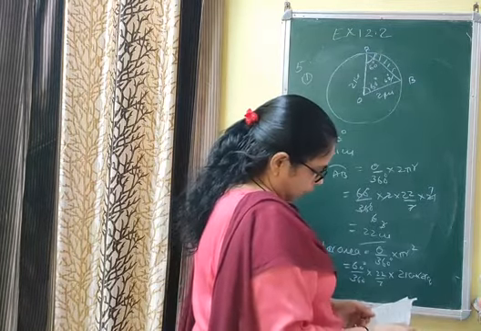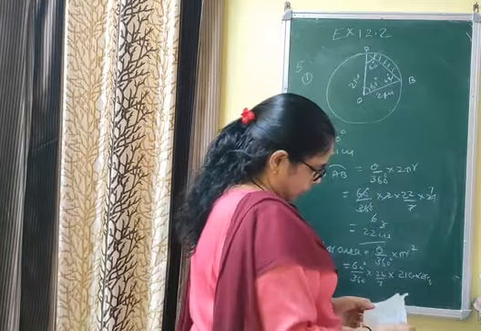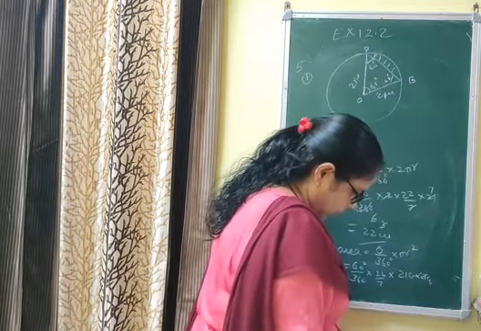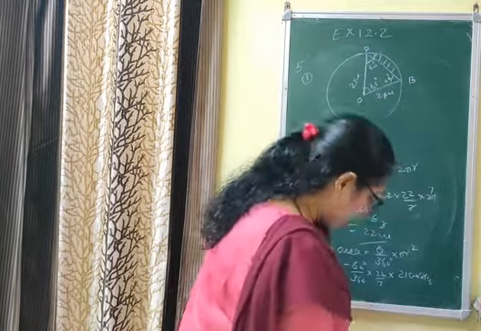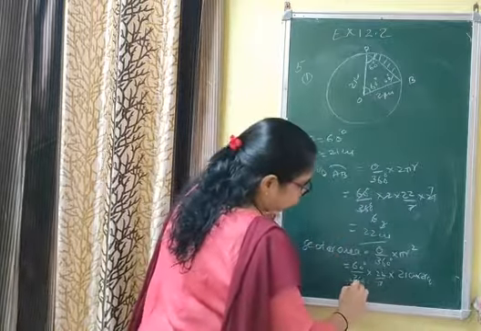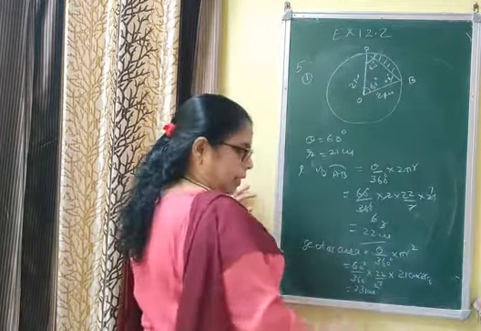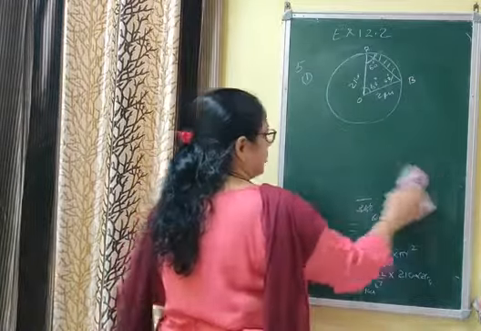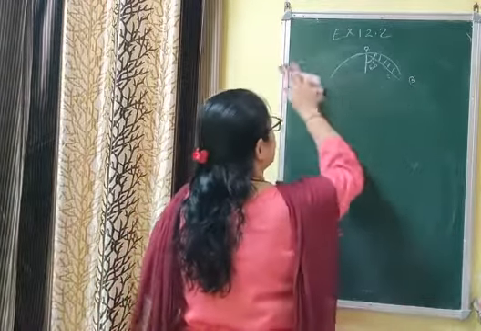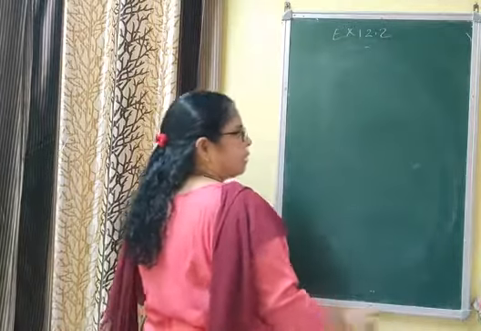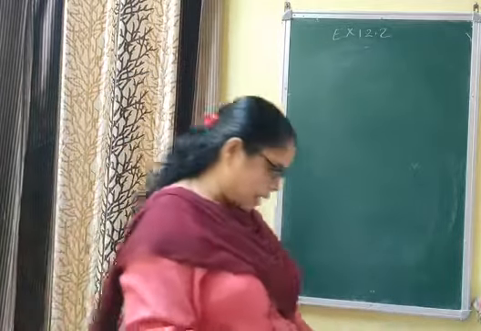You have to find the value of question number 5. You are asked to find the sector area; if you do it, you will get 231 cm square. And the third part, finding segment area, is your homework. You can find segment area using sector area minus triangle area.